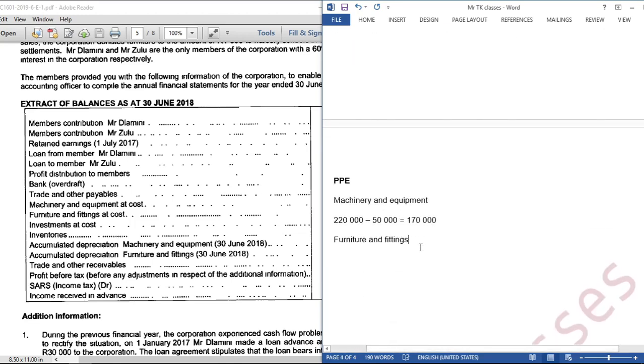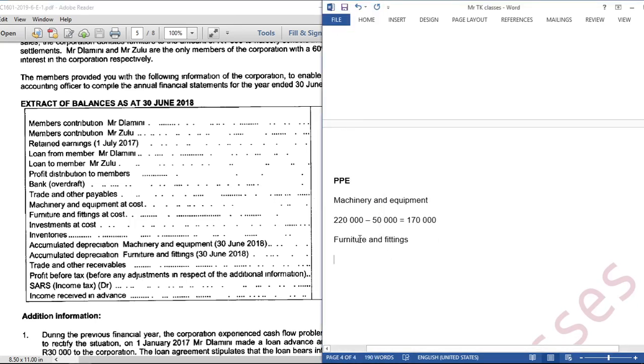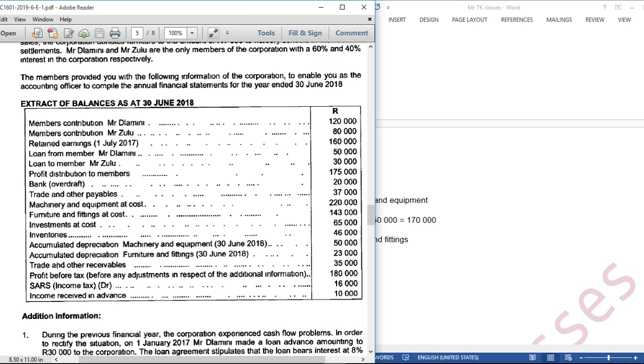Furniture and fittings, we are going to say the cost of furniture and fittings is 143,000. Subtract accumulated depreciation at the end, accumulated depreciation, furniture and fittings, 30 June 2018. Yes, this is at the end, 30 June 2018.